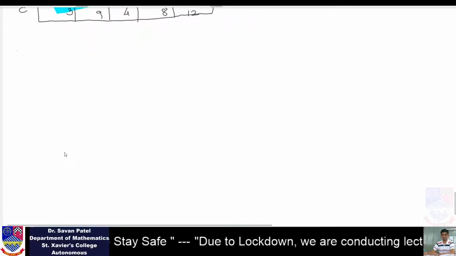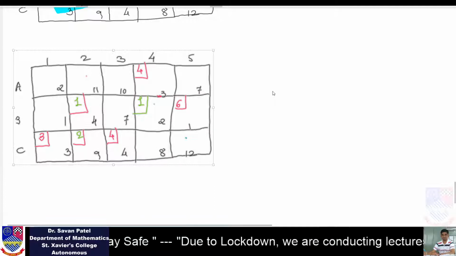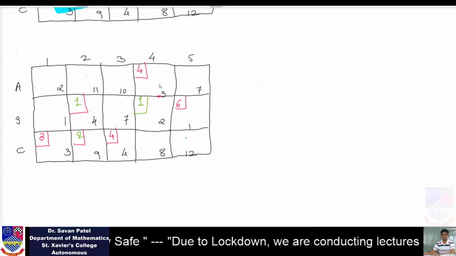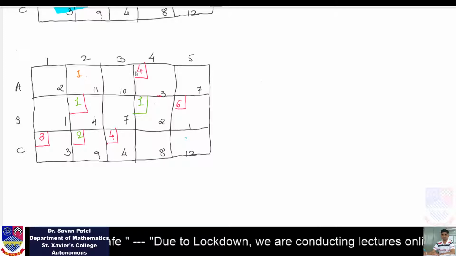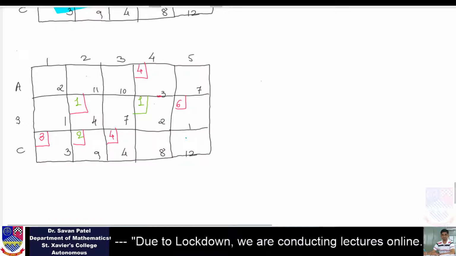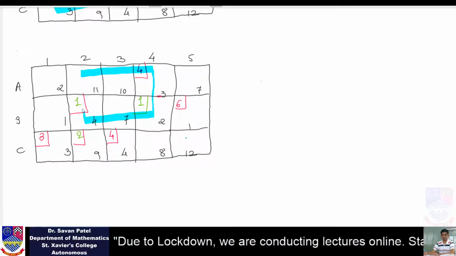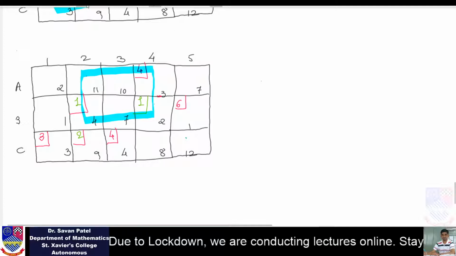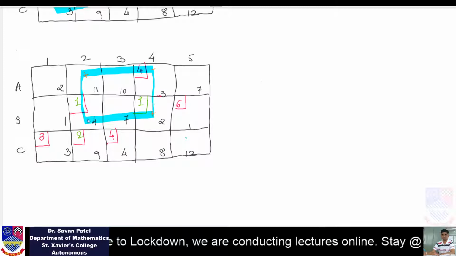Now if I transport from A to 2, what is happening? That I want to check. In that case, I am adding 1 unit here. Now I just write it in the direct method. From here I am going towards here, then here, here, and here. So here I have addition, here subtraction, addition and subtraction.